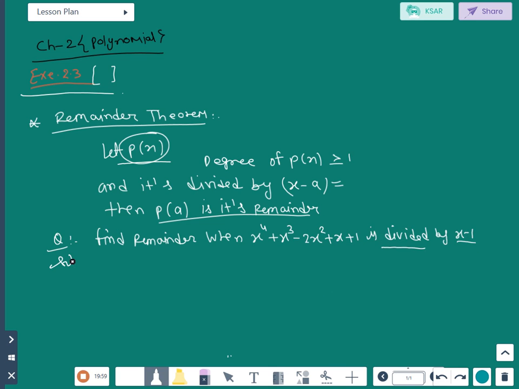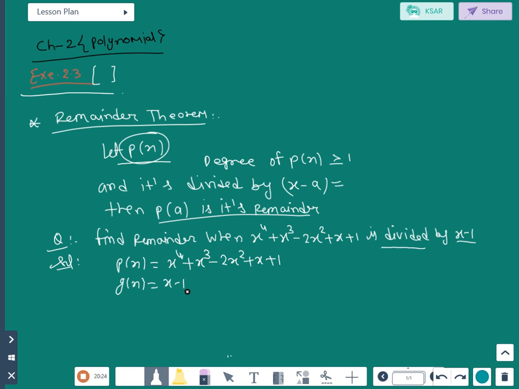So how we will find out the remainder? First of all, what is the divisor here? Here p of x is x power 4 plus x cube minus 2x square plus x plus 1. And what is the g of x? x minus 1.